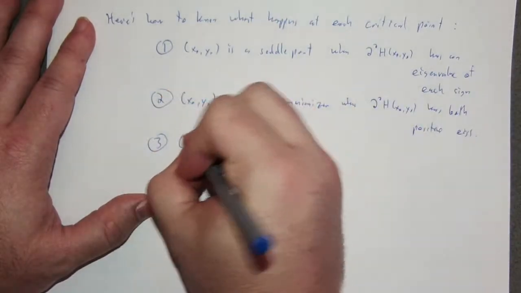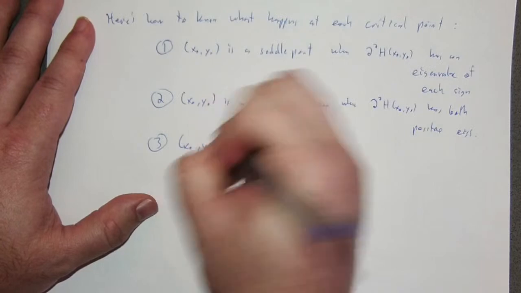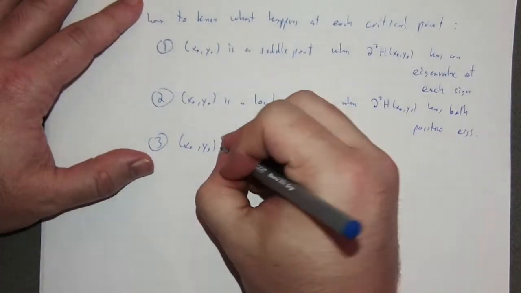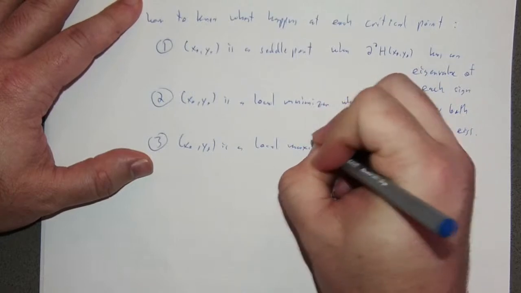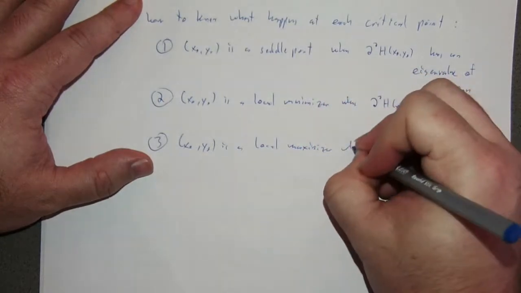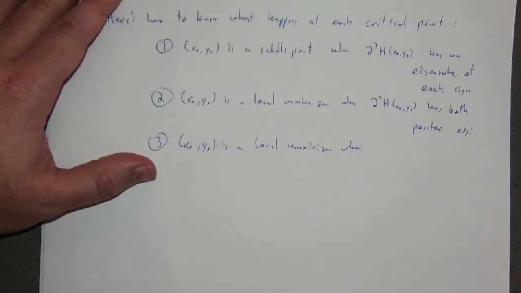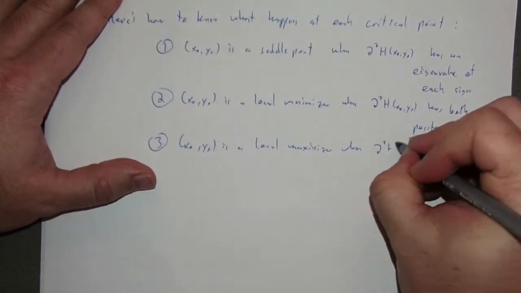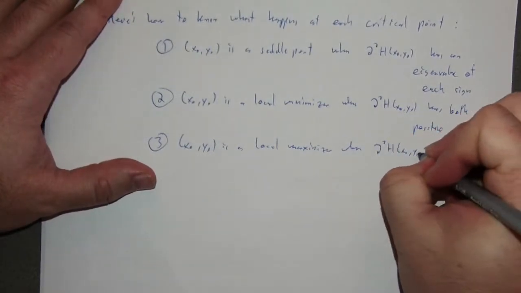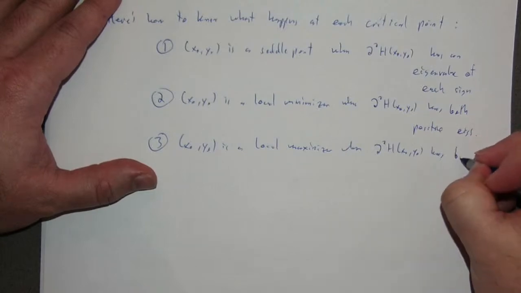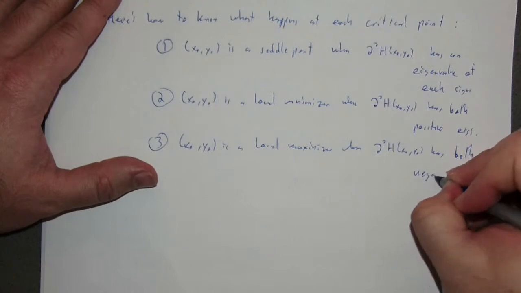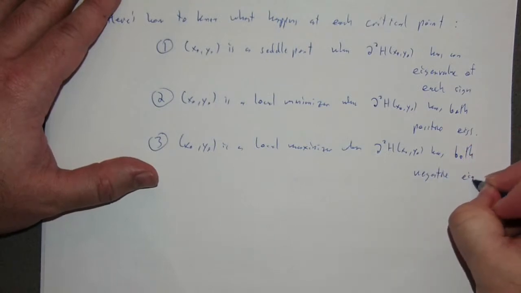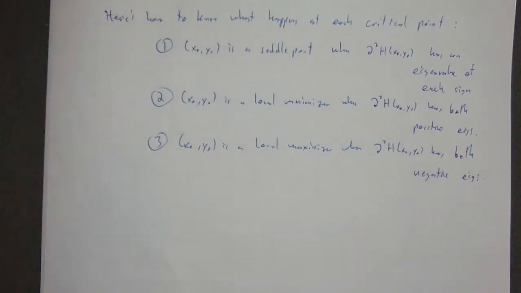And 3, this is a local maximizer when it has two negative eigenvalues. Both eigenvalues are negative. So those are the cases, and that's how we figure out what's going on here.